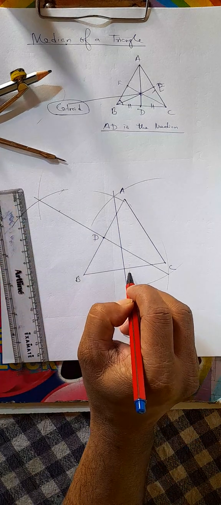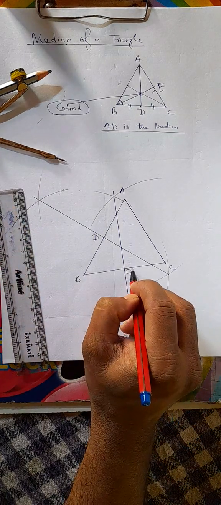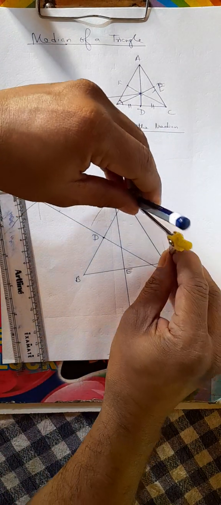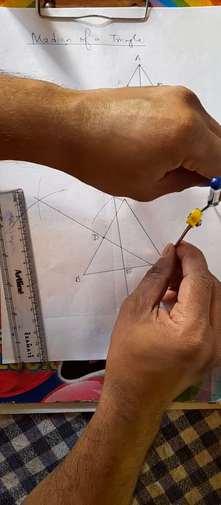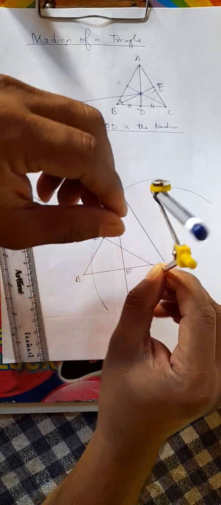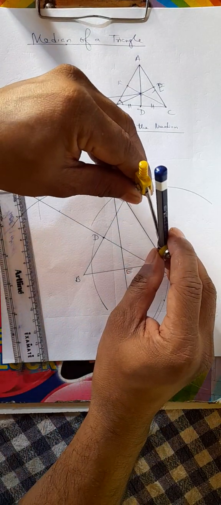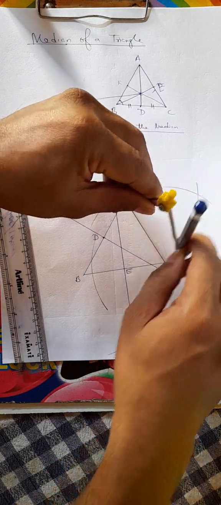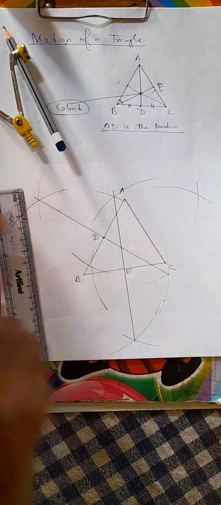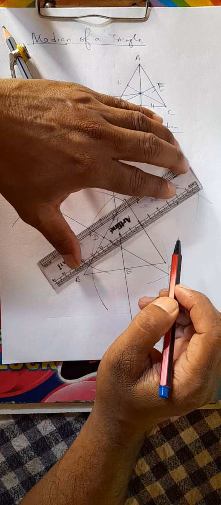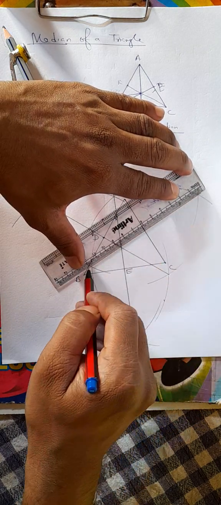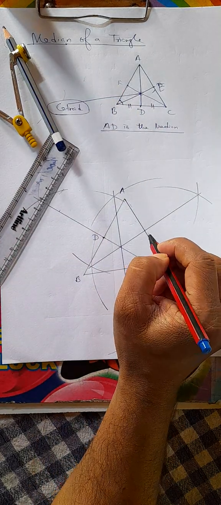So we got the middle point of BC, which is E. Now let us bisect AC. So we find the middle point of AC now, right? So this is suppose F.